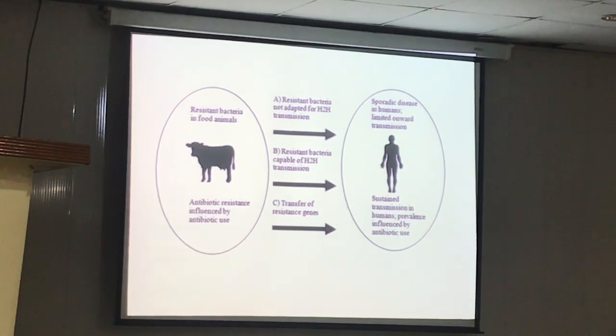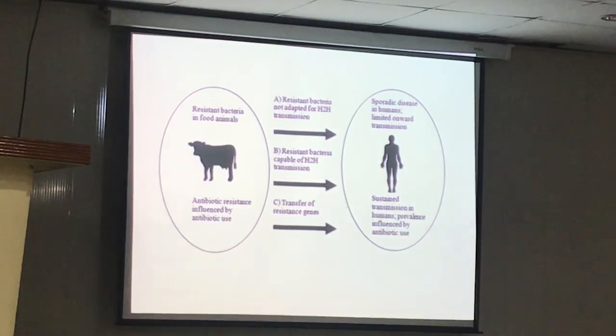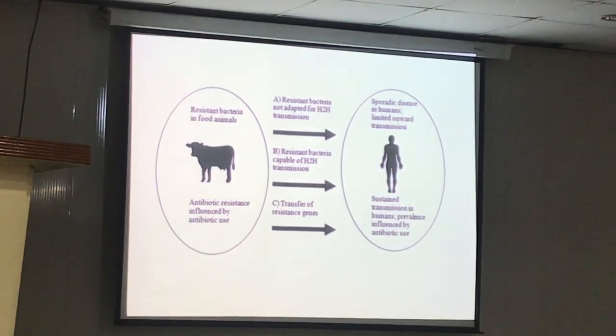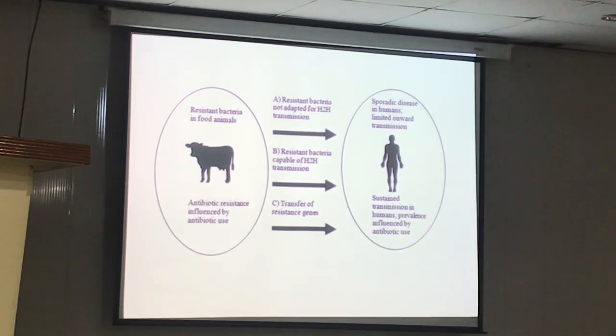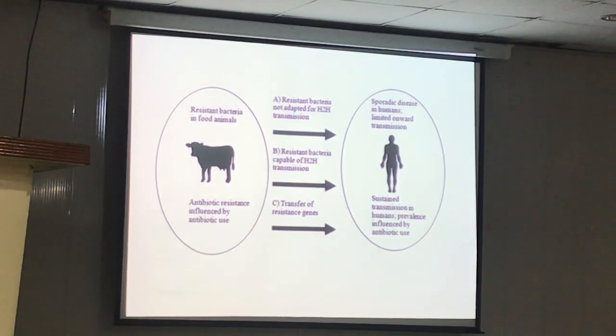Second is resistant bacteria capable of human transmission. And the third is transfer of resistant genes. Now, we have to remember that resistance may pass from humans to animals or from animals to humans in a variety of different ways. So it may be by the passage of the bacteria or it may be by the passage of the resistance genes. Both are important. So unless we know that these mechanisms exist, we will not be able to actually control the problem of antibiotic resistance effectively.